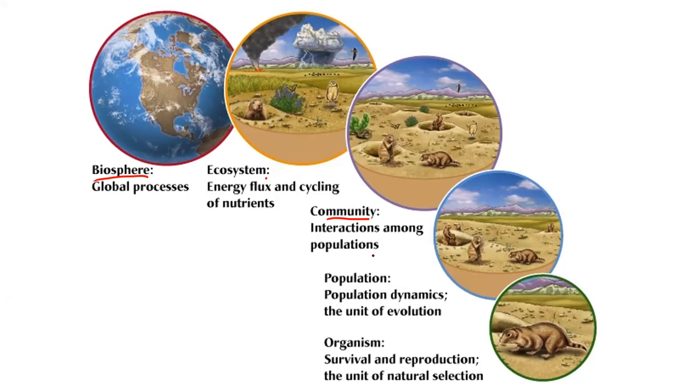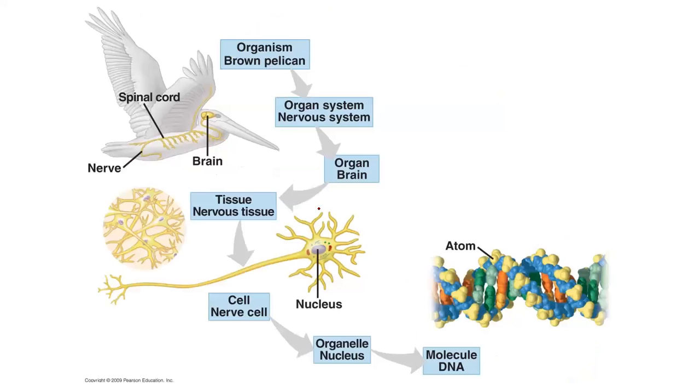So it's always like that. The higher level contains the smaller level. Community contains several populations, and each population is made of several organisms, right? And then when we go down to smaller and smaller levels, organism made of several systems, and each system is made of several organs.